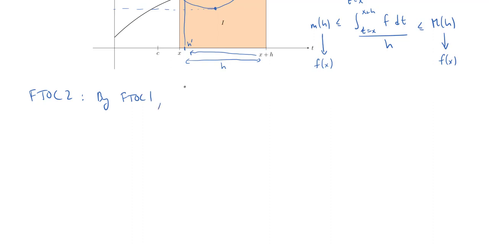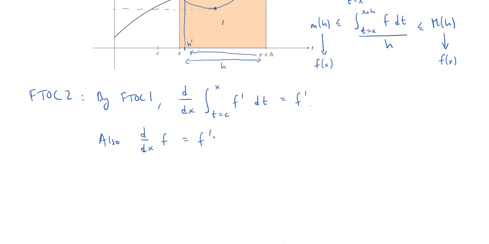if I differentiate the integral from c to x of f prime dt, this is going to give me f prime back. Also, if I take the derivative of f, I also get f prime.